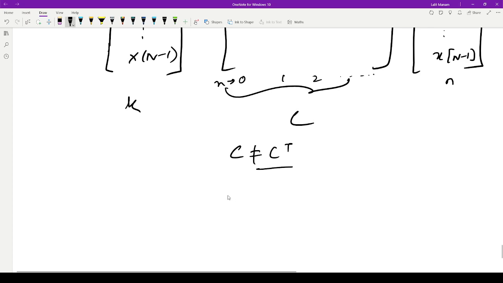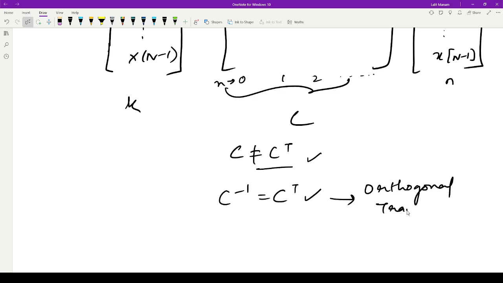But what about C inverse? Is C inverse equals to C transpose? Yes. Why? Because this is an orthogonal transform. You can say it as unitary, but yeah, orthonormal is better. Or maybe they are using orthogonal transform, so I'll use the same.